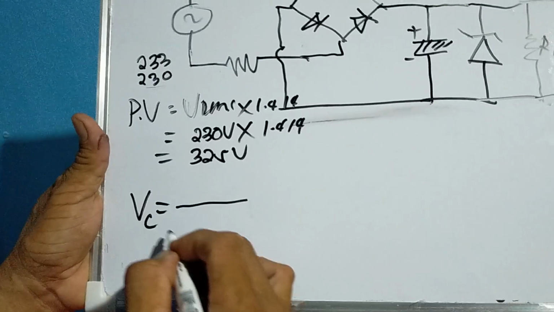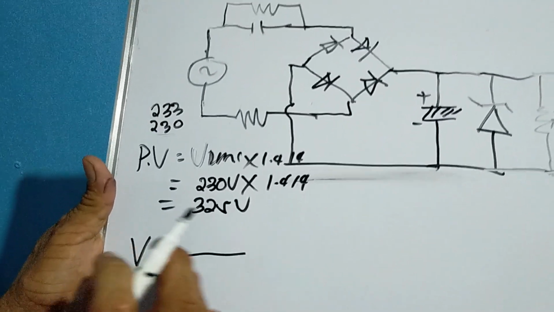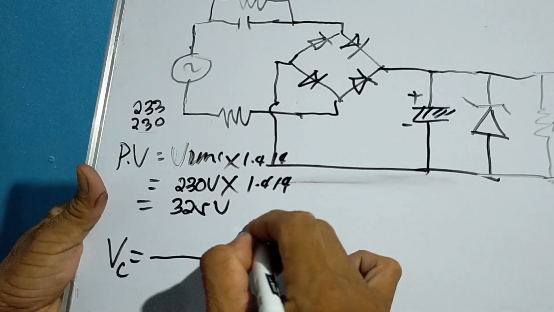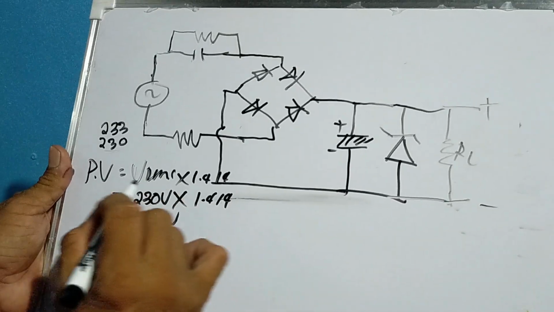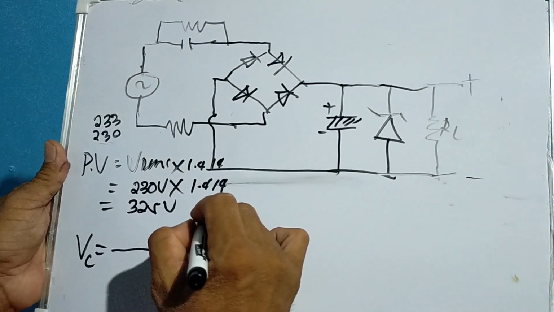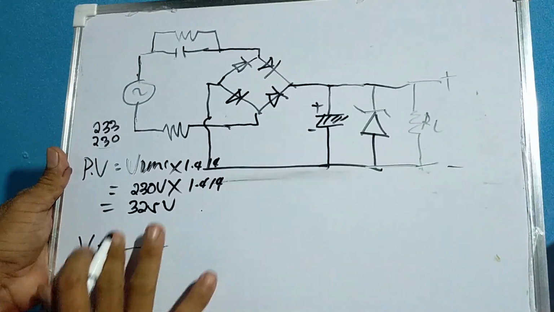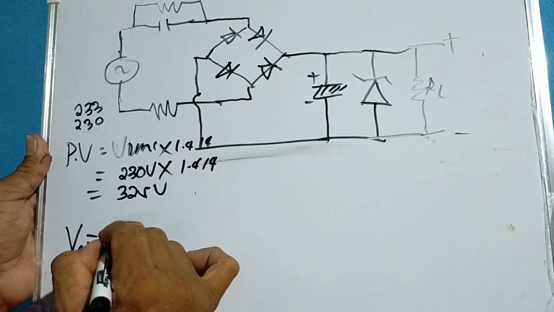So we still need to compute the voltage across this capacitor. So the next procedure after getting the peak value is to get the voltage across this capacitor. So it goes like this.